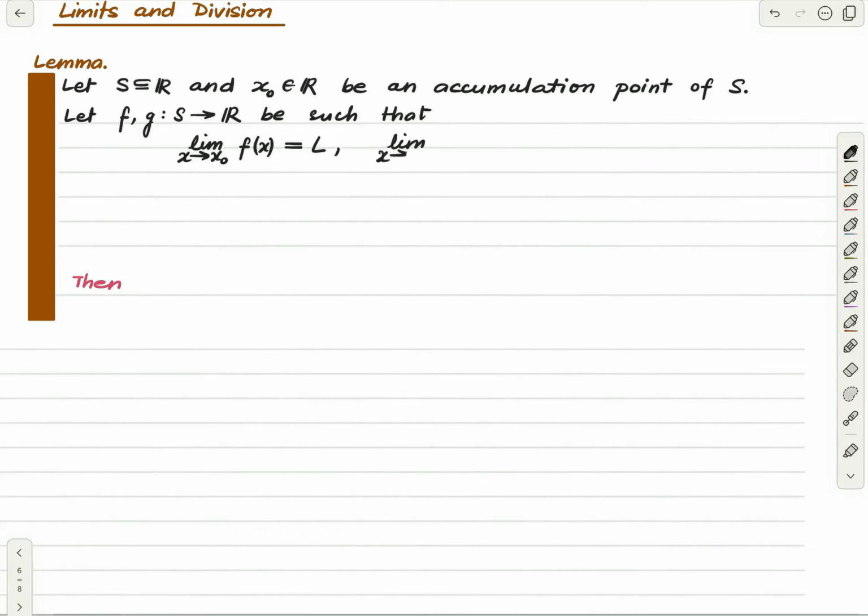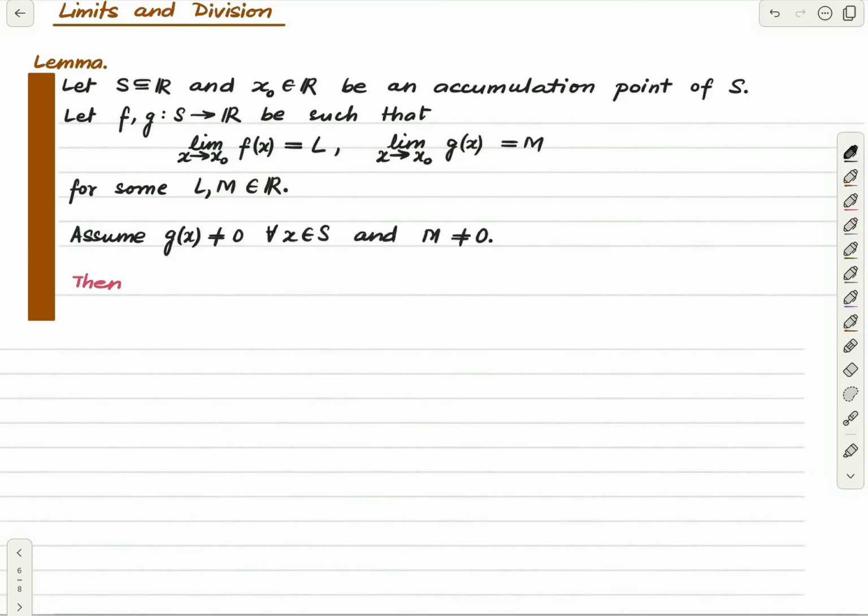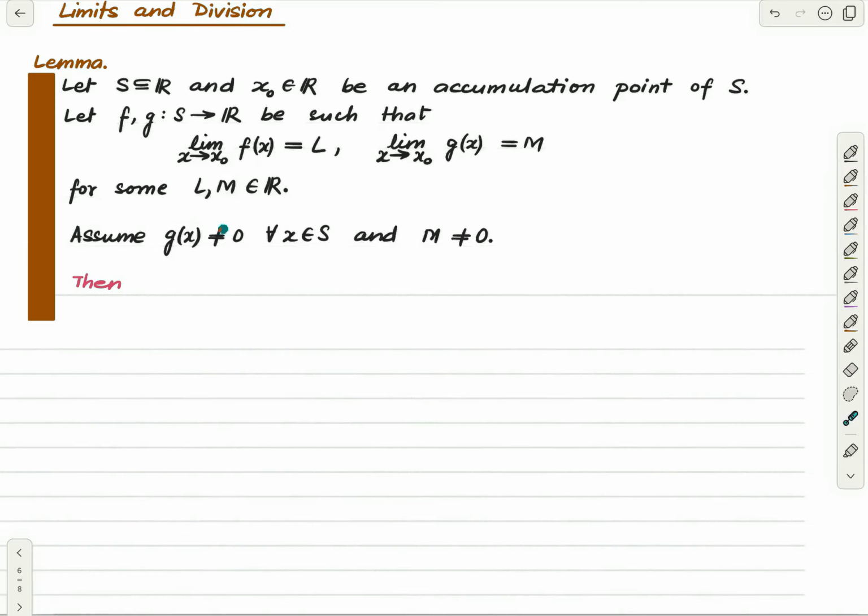The limit of f is equal to some number L, and for g it is some number m. And assume g(x) doesn't vanish. So what are the assumptions? g(x) is never 0 for any x in the domain, and the limit m is also non-zero. Then the limit of the ratio f upon g exists and is equal to L upon m.